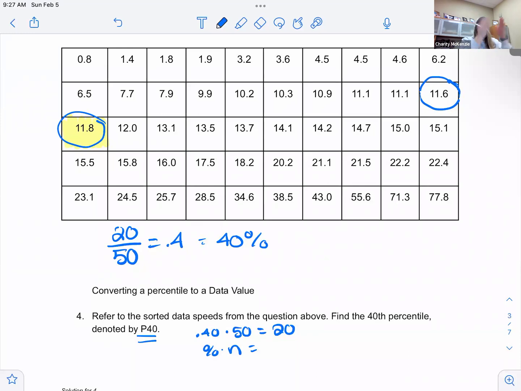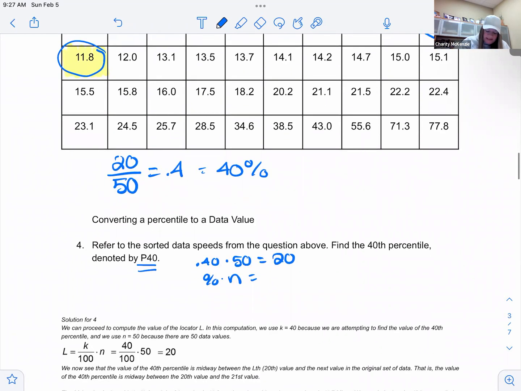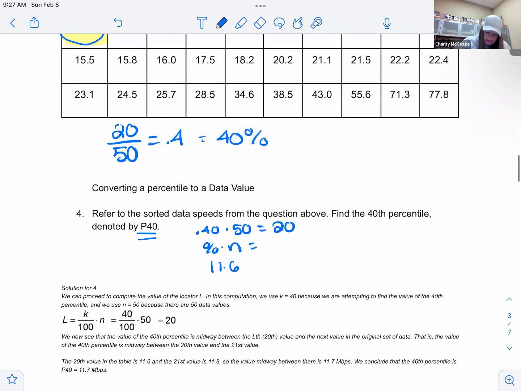All you do is multiply the percent you're looking for by the number of data in your set, and then you average that exact one and the next one. So we would take the 11.6 and add it to 11.8 and divide by 2 to get 11.7. The 40th percentile number is 11.7. It's not even in our data set. But according to this data set, this would be the value in the 40th percentile.